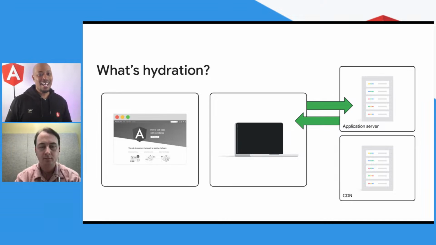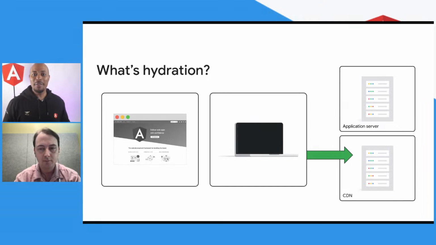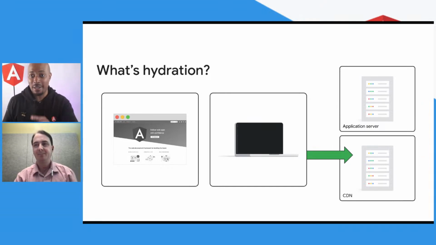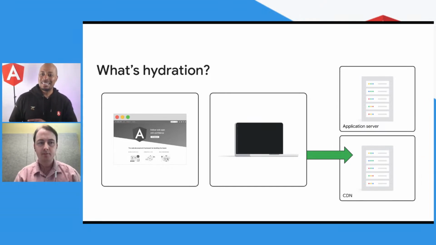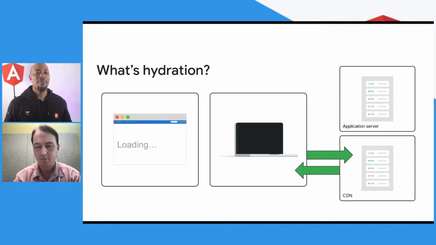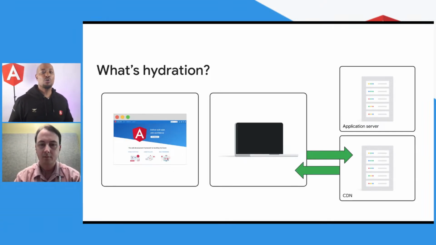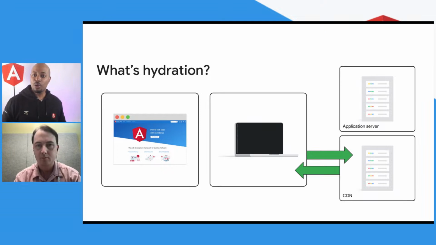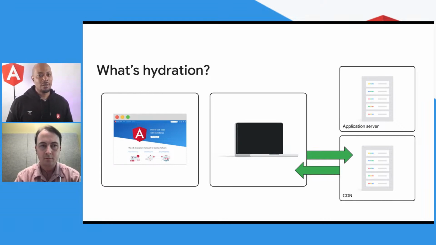Then it returns it, and the browser will render the app. At this point, the application is not interactive. It has all the structure and the styles, but it has not loaded any JavaScript. As the next step, the browser will download and execute the JavaScript referenced from the HTML. Then the framework will take over and make your app interactive.